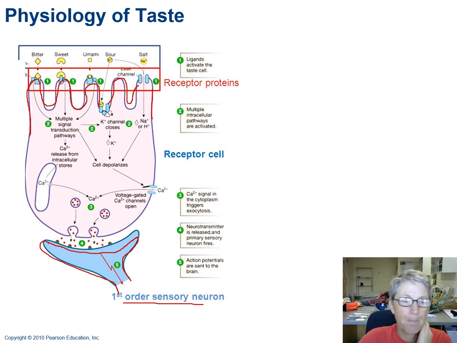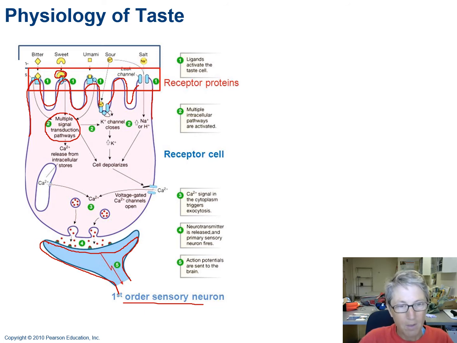So, and then what happens when one of these types of tastant molecules binds, let's look at this one. Let's look at sweet. So here, sweet binds to a receptor, and then you get multiple signal transduction pathways, which is a bunch of cool cell biology.